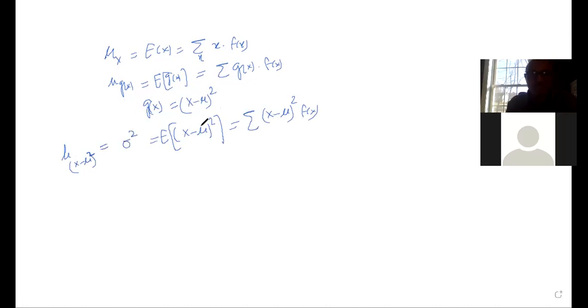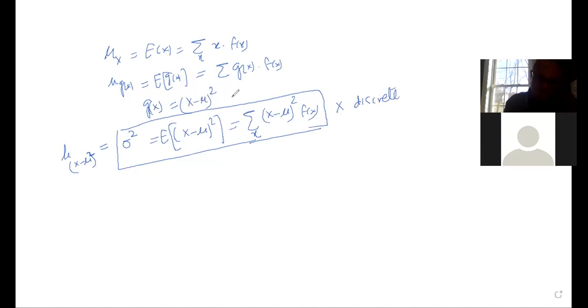So sigma squared is equal to the expected value of (X minus nu) squared, which is the summation of (x minus nu) squared times f(x) over x, if X is discrete. So this formula is developed from the previous case, from the expected value.